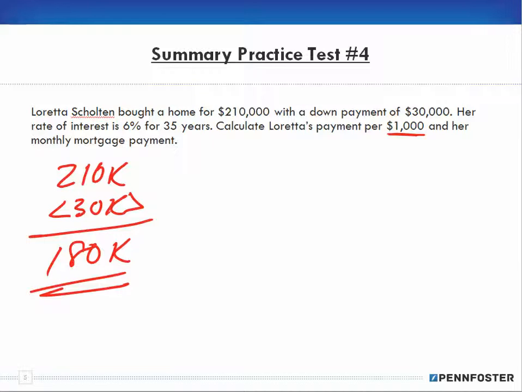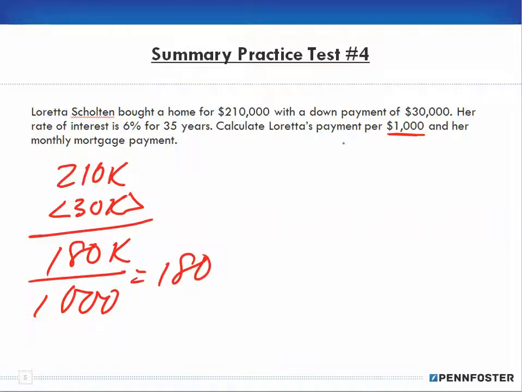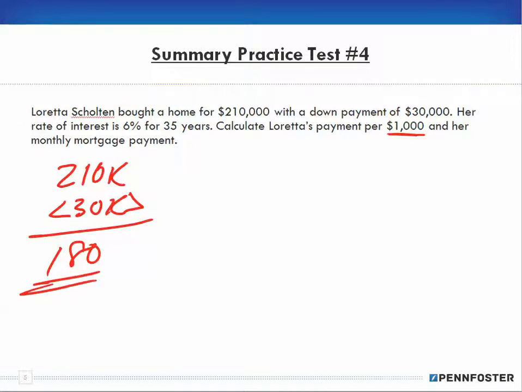Well, we can divide the 180,000 by 1,000, and that's 180. I've just gotten so accustomed to doing this. I'm just going to drop off that 1,000, and my payment per 1,000 is 180.